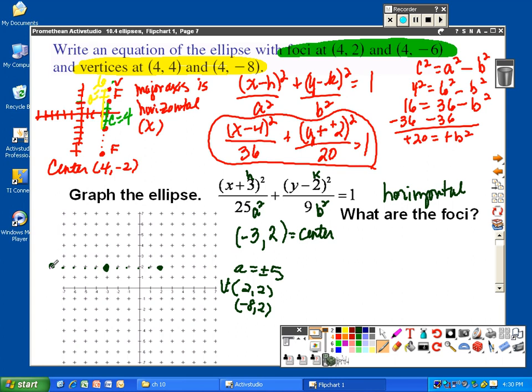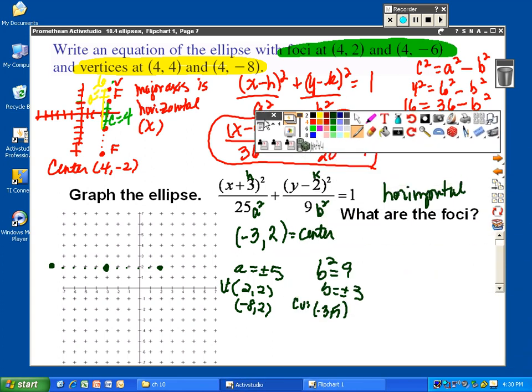B squared is 9, so B is plus or minus 3. Since that is vertical, I must go plus or minus 3 above my y value. My y is 2. Plus 3 makes it 5. So that makes my co-vertices at negative 3, 5. And my 2 minus 3 is negative 1.